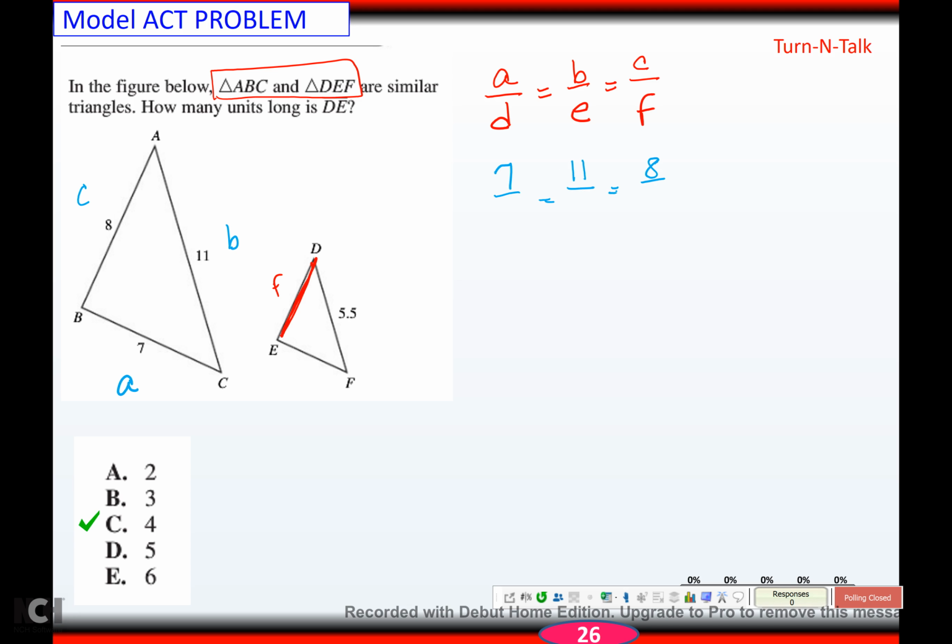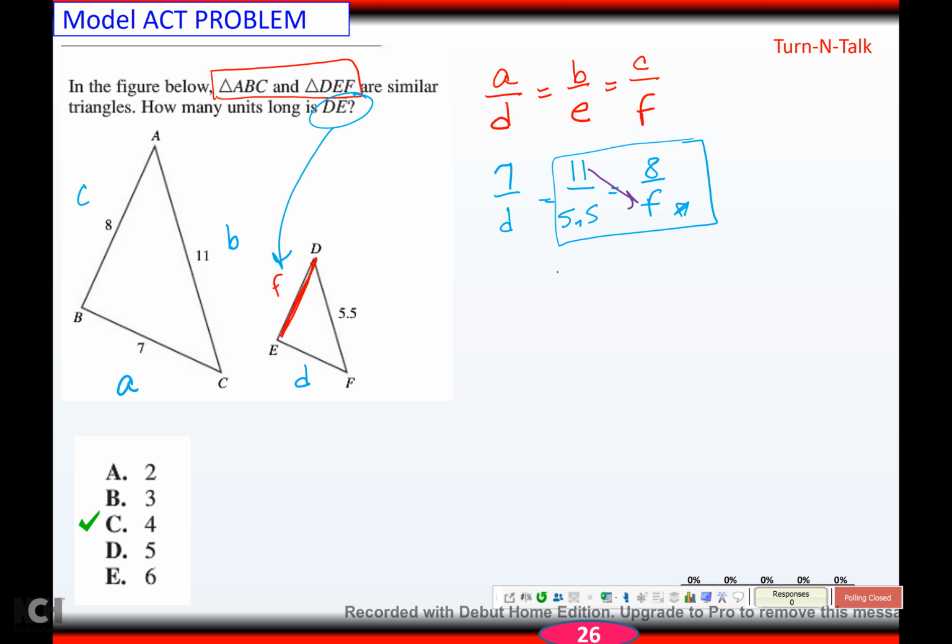Let's see what I know on the bottom. I don't know little d. Little e is 5.5, and I don't know little f. Okay, so which one do I solve? Well, which one do they want? They want DE, which is little f. So since this is what I want, I'm going to use these two ratios to solve my proportion.